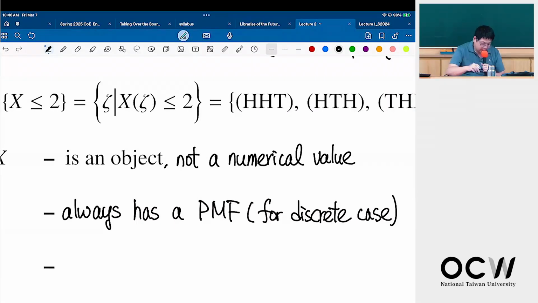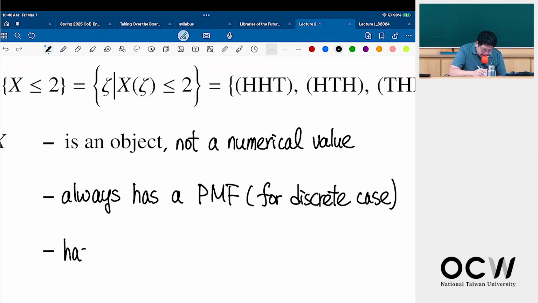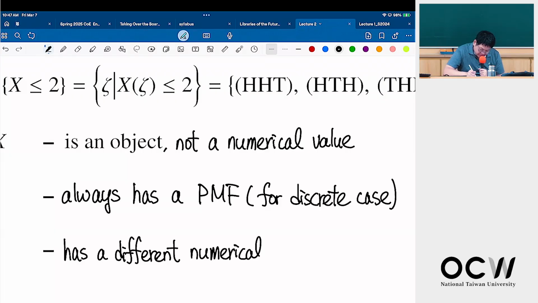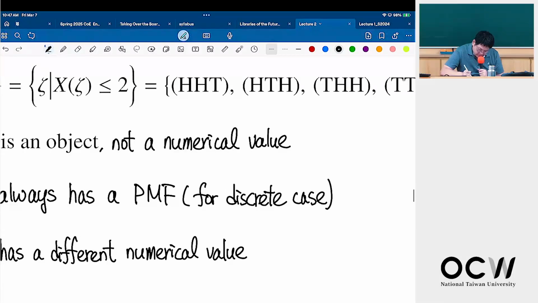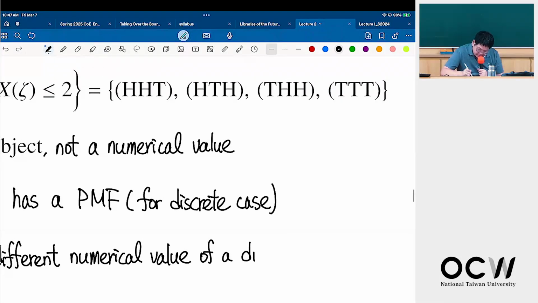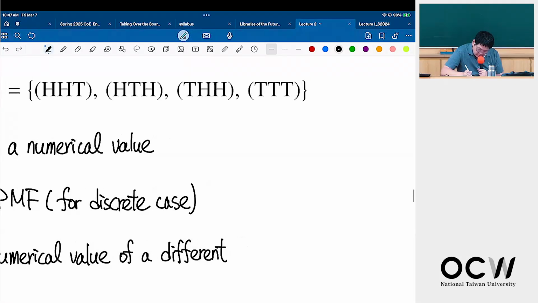So this X has a different numerical value for a different experiment.